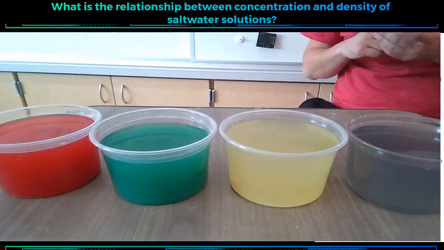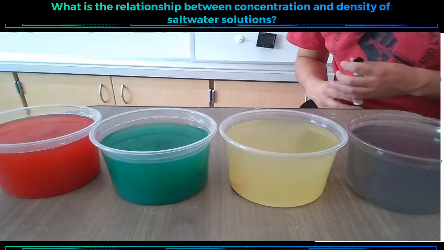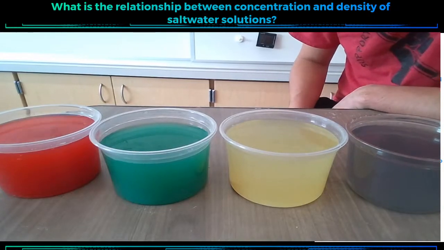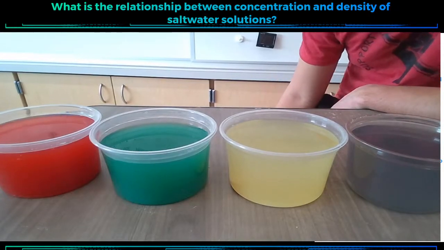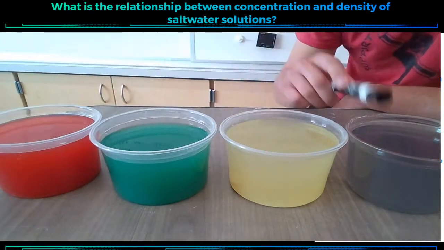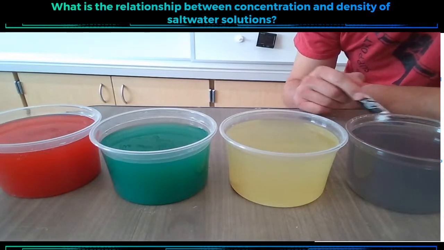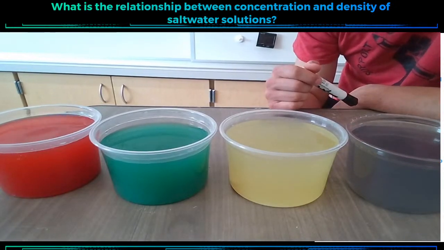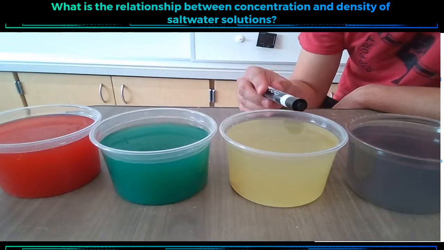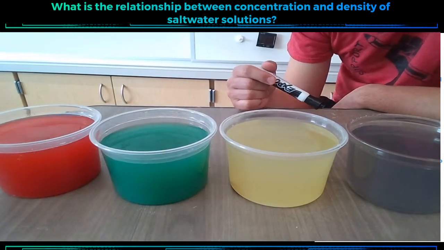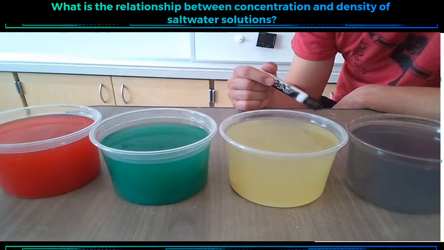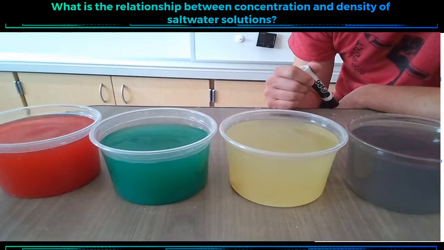And I'll tell you what, I'm going to go in order of most concentrated. So the most amount of salt. The most salt in these 4 containers is purple. The next most salt is yellow. The next most salt is green. And then the final one with no salt in it is red.